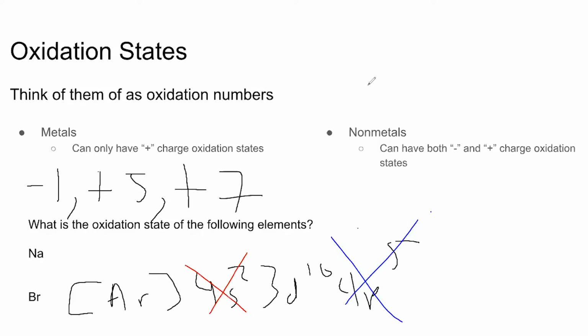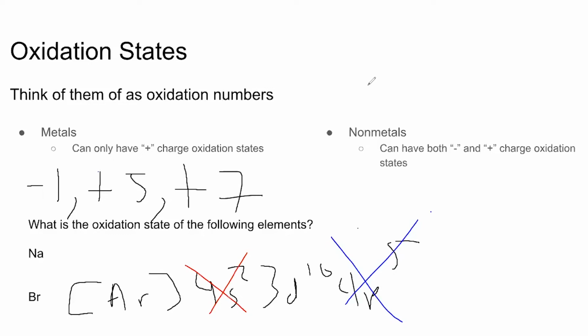The last oxidation state that bromine can have is +7, since it lost those 2 electrons. So -1 from gaining 1 electron, +5 for losing the 4p5, and then +7 for losing the 4s2 and the 4p5. It doesn't lose the 3d10 because the 3d10 would be the most stable electron orbital diagram out of the 3.